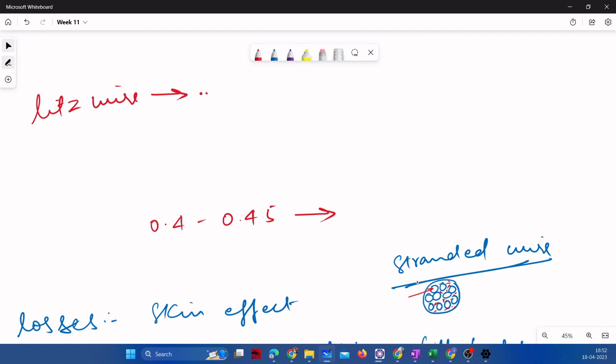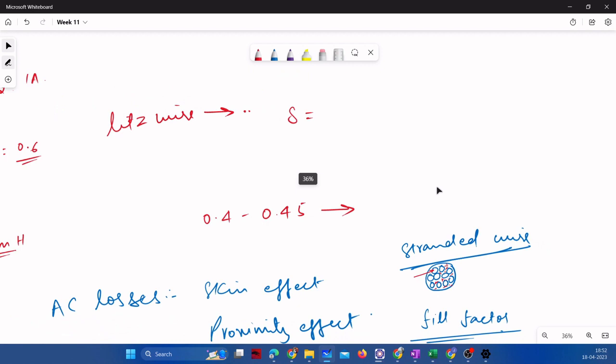So to further reduce or almost eliminate the AC losses, we try to make the strands or turns so thin that the skin depth will always be higher than that dimension. So you can overcome the AC losses.